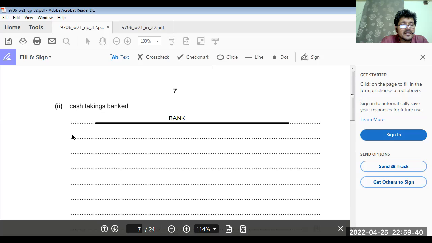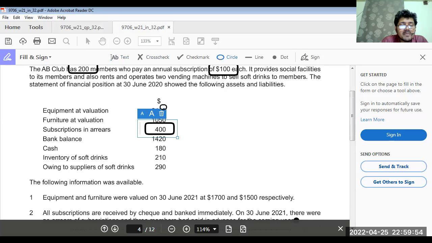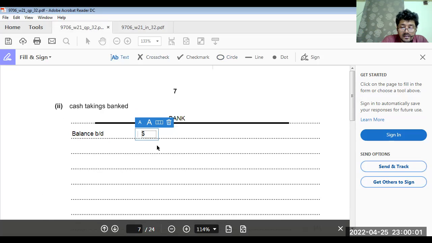Now, on the debit side, opening balance b/d, how much? Dollar, how much? Bank balance 1420.